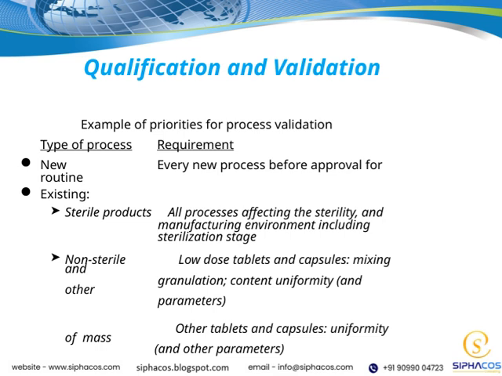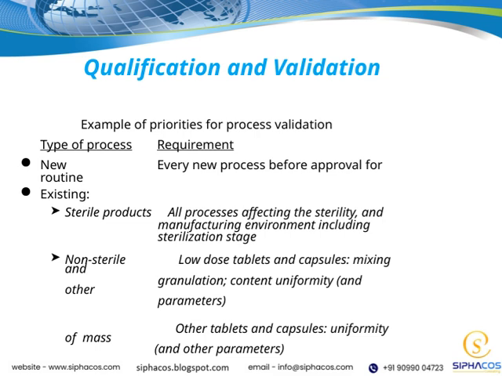Now, for non-sterile products, the validation focus varies. For low-dose tablets and capsules, the main concerns are mixing and granulation processes, as well as parameters like content uniformity. These steps are essential to guarantee each dose contains the correct amount of active ingredient. For other tablets and capsules, the emphasis shifts slightly.